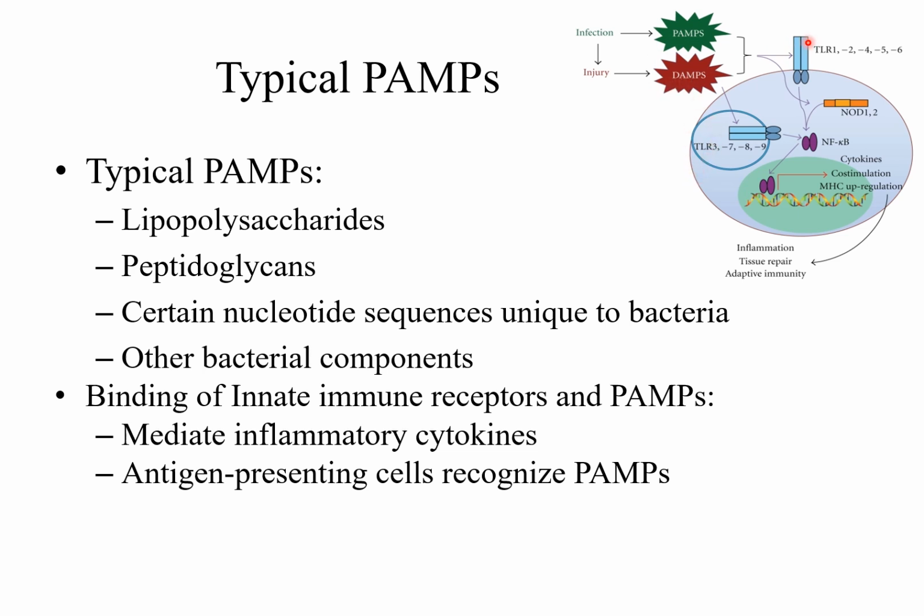So this is the non-specific immune cell. Once they are recognized, they are going to bind to, as we said, the pathogen recognition receptor. Binding of innate immune receptors and PAMPs is going to mediate inflammatory cytokines, or is going to lead to antigen presenting cells recognizing PAMPs.